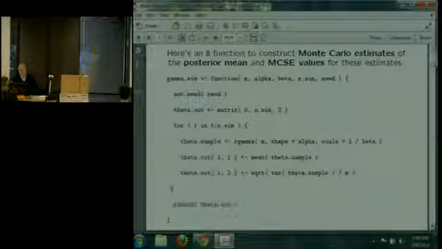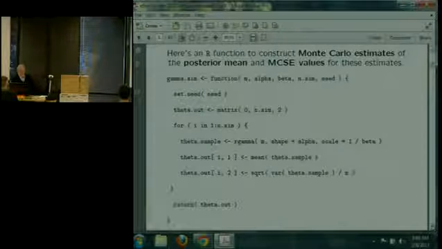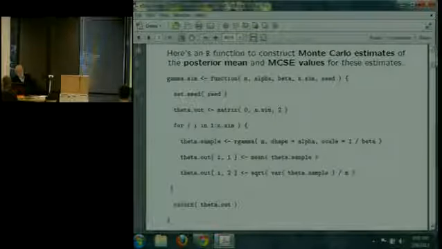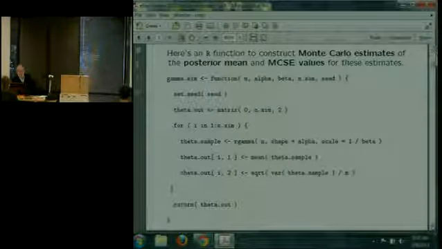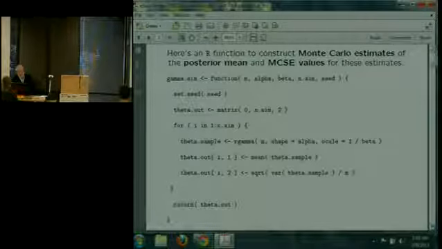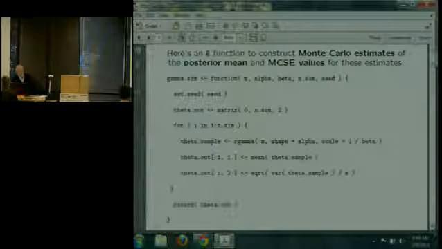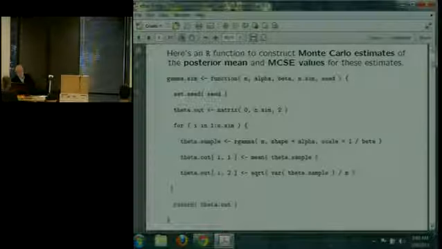When you write functions in R, the first line says gamma.sim is assigned the value of the following function, and you construct the assignment operator in R with the composite symbol less than sign followed by a dash, which looks like an arrow pointing to the left. Or you could equivalently use the symbol equals, and that would also serve the assignment purpose.